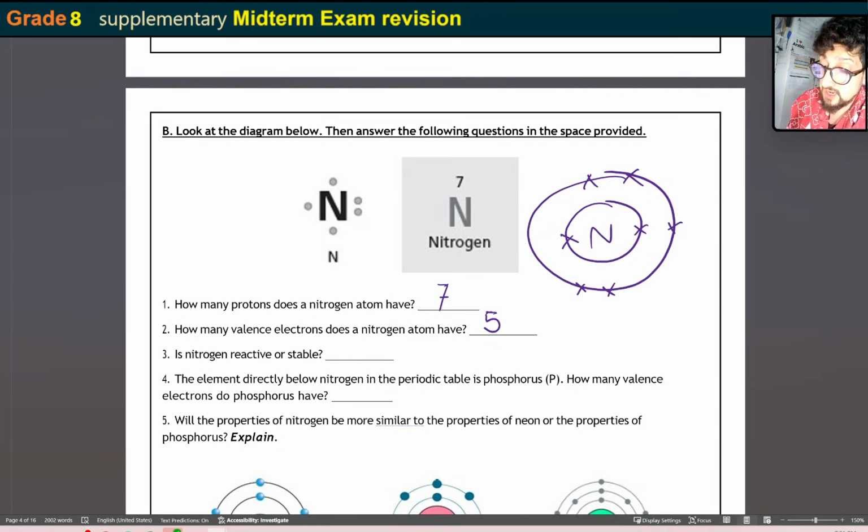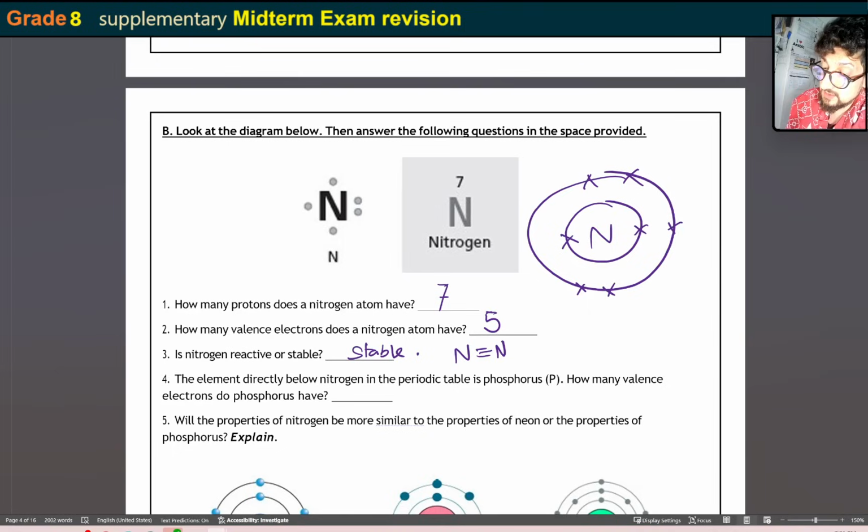Is nitrogen reactive or stable? I'm going to go with stable, because I'm going to assume that it's talking about nitrogen gas. And if we're talking about nitrogen gas, nitrogen has 3 covalent bonds, which makes it very, very stable. Nitrogen is used as a gas filler to protect against oxygen.